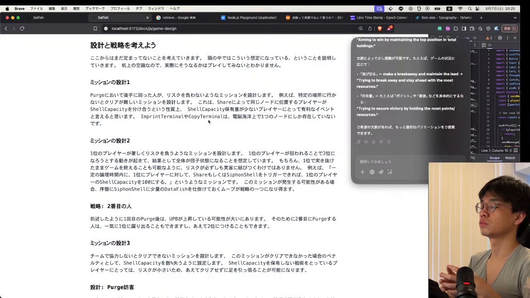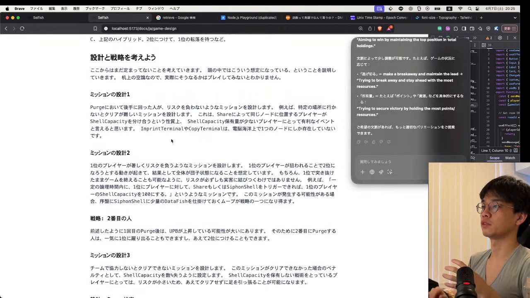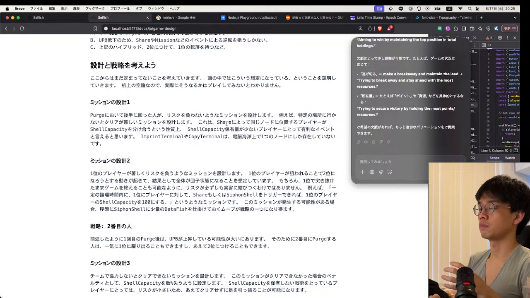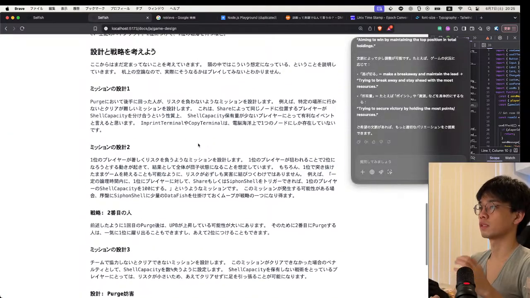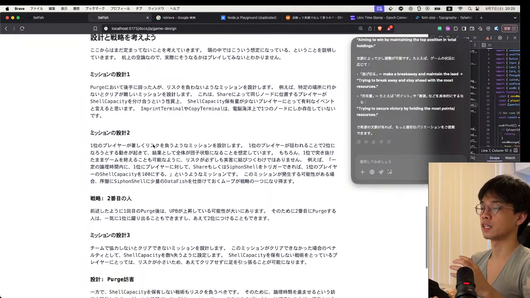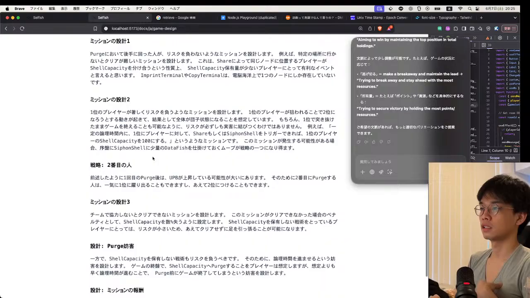So in the mission, the player needs to go to this place. The share might happen. This is one of the mission designs.